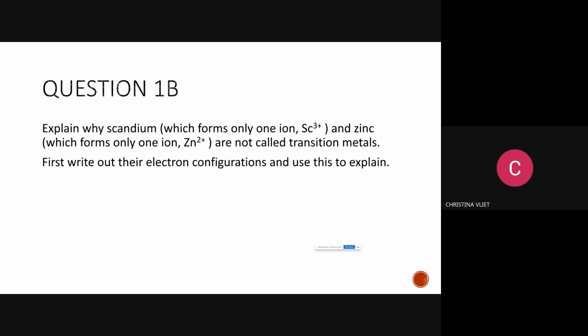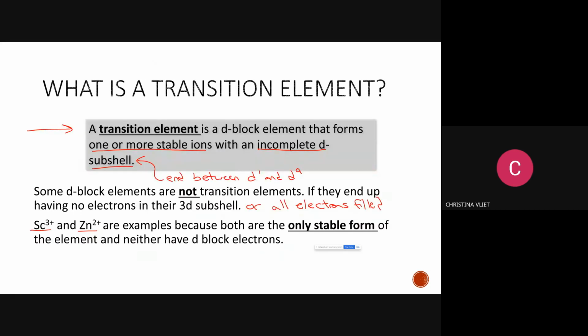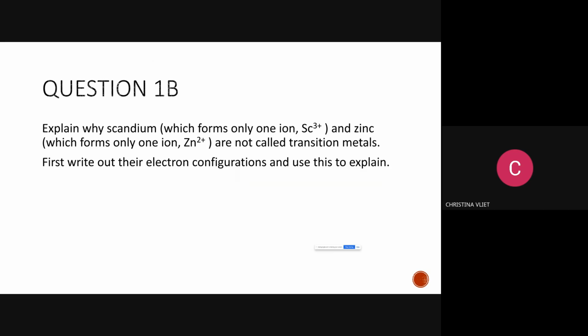It's going to show up here on question 1B. What's the electron configuration for scandium 3+? It would be just argon. So it would be argon 4s0, 3d0, which you do not have to write, right? You just write it as argon.